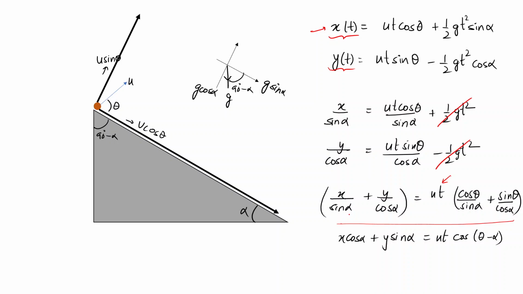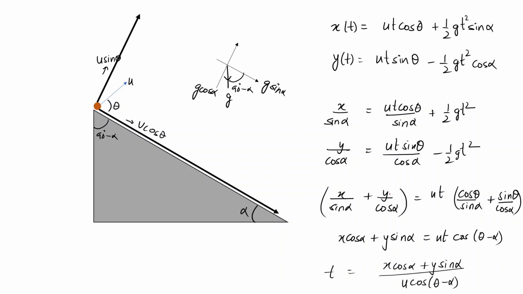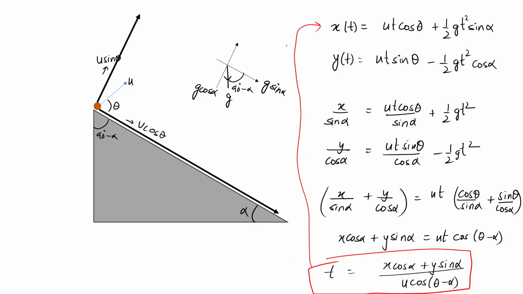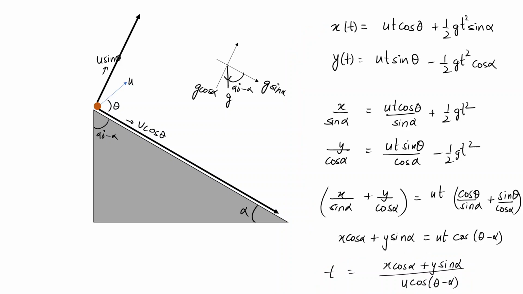You can also make some minor adjustments: this cos alpha will get multiplied here, this sin alpha will get multiplied here, and it will become cos of theta minus alpha, or alpha minus theta, it doesn't matter. And the sin alpha cos alpha term from down here will get cancelled, and you will get an expression for t in terms of x and y. You can put this t in either of these relations, x or y, eliminate t, and get the trajectory.